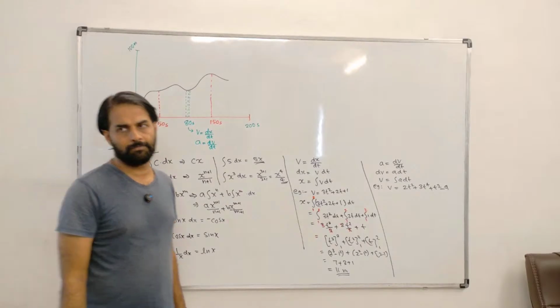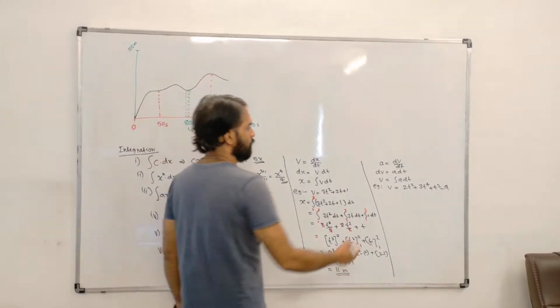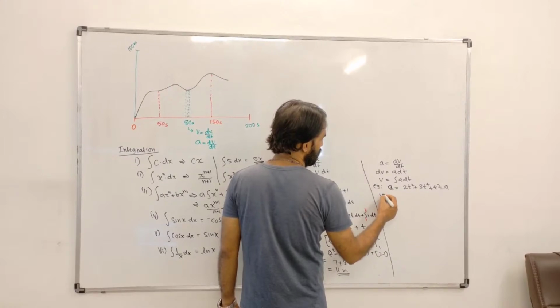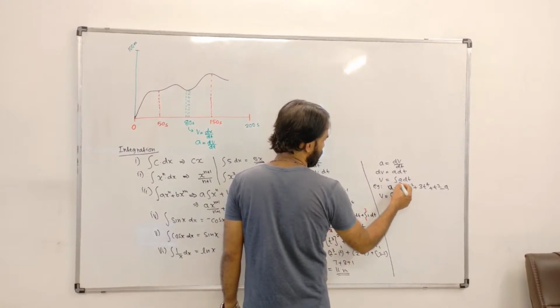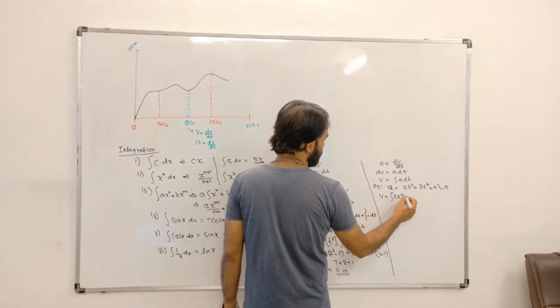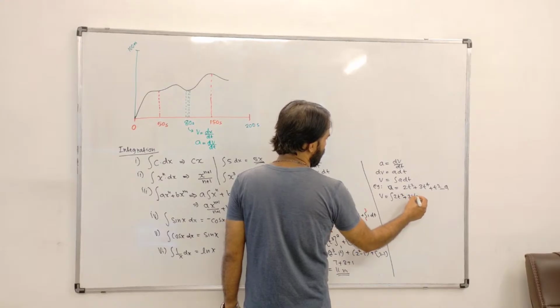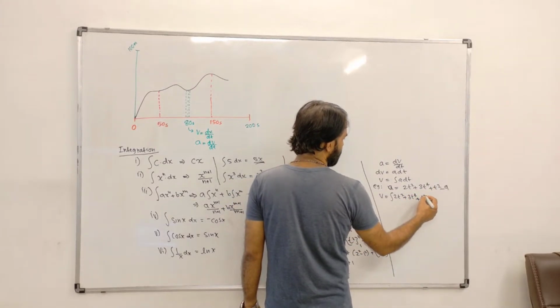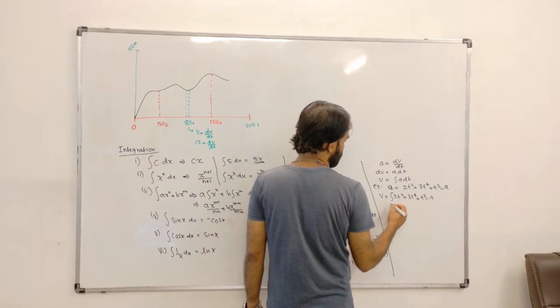Now you want to calculate velocity. So what to do? Same thing. Sorry, this is acceleration. Acceleration is this thing. So velocity v is equal to the integral of 2t square plus 3t raised to 4 plus t square minus 9. So t square and 2t square, it is 3t square.